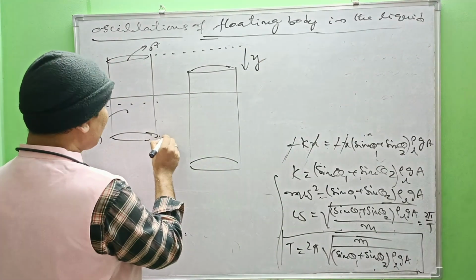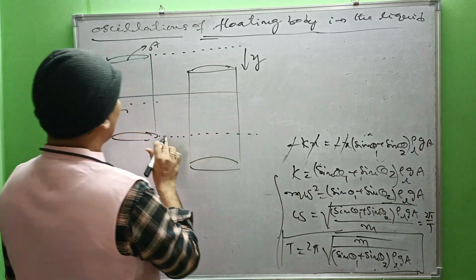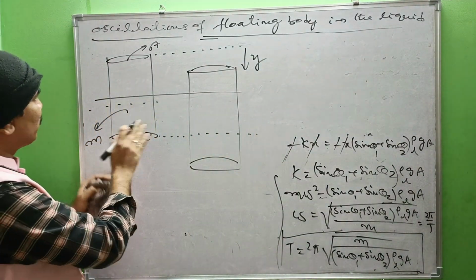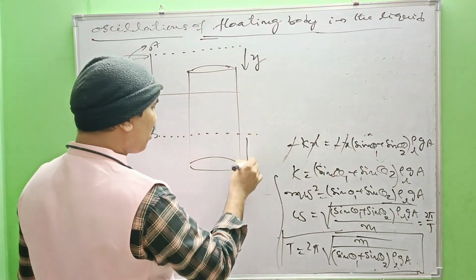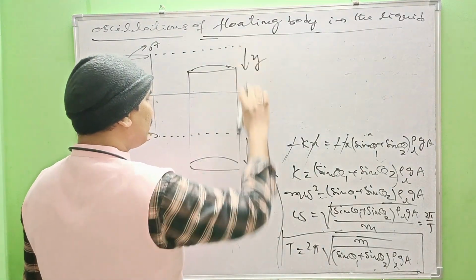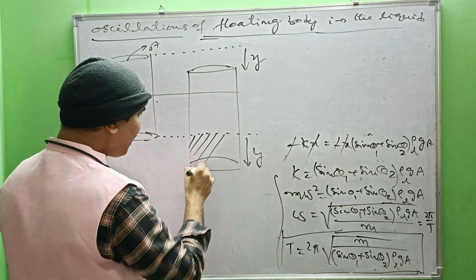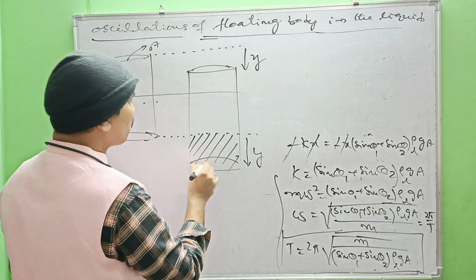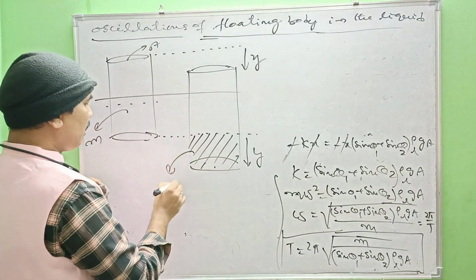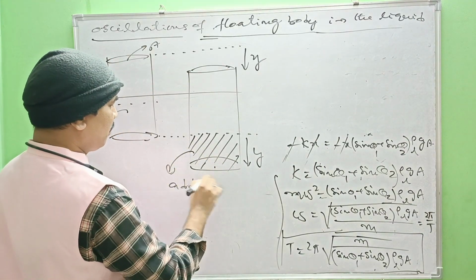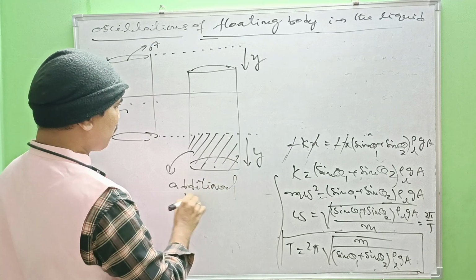So definitely this is the previous level of the lower portion of the body. This amount is also y. So here it is y, this is also y. Now this portion can be assigned as the additional dipped portion of the body.